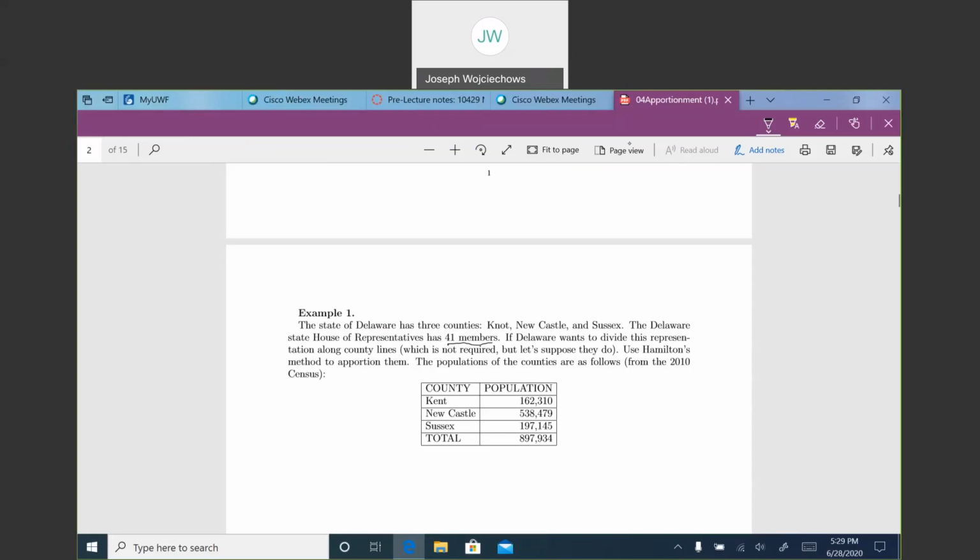The populations of the counties are as follows, and this is from the 2010 census. So we have our total right here. Now we're going to divide that by 41. So we're going to take 897,934 and divide it by 41.